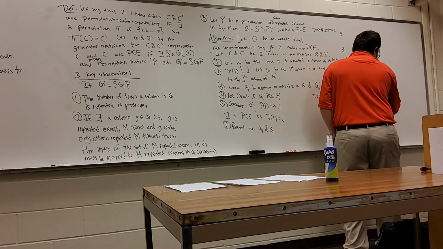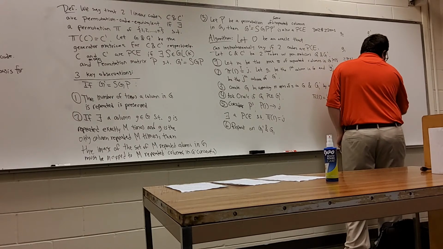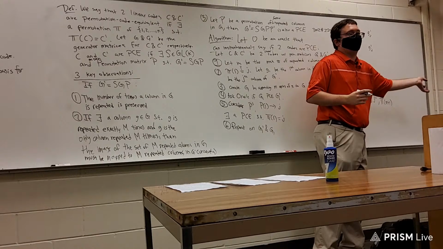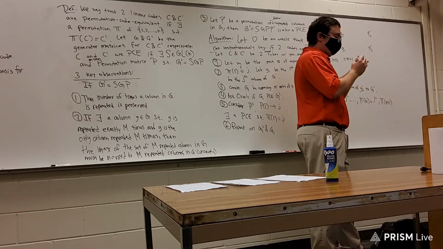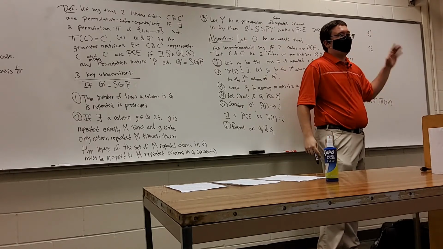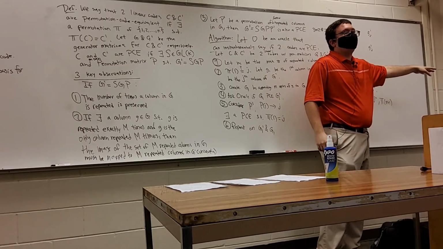But then you'll also have other stuff because I appended columns, so the permutation equivalence will go farther and farther. But on these n plus 1s, these are all going to get mapped to columns that we added.